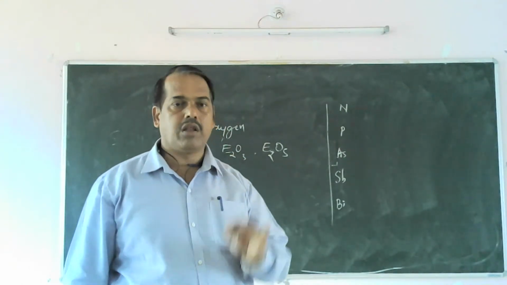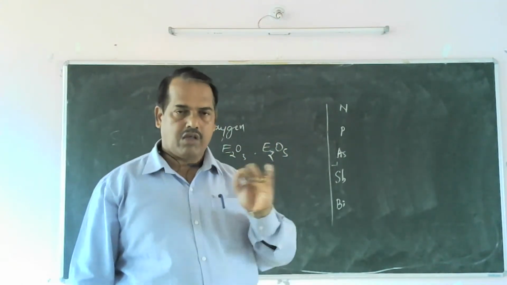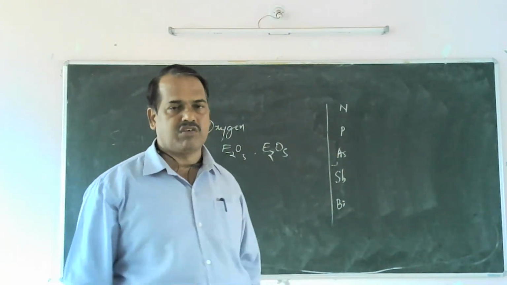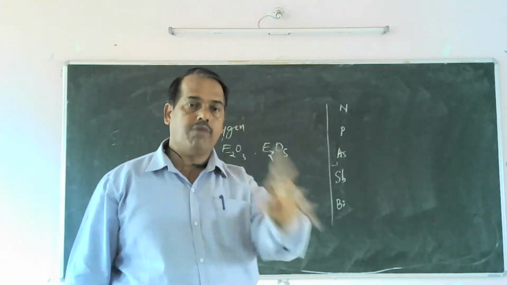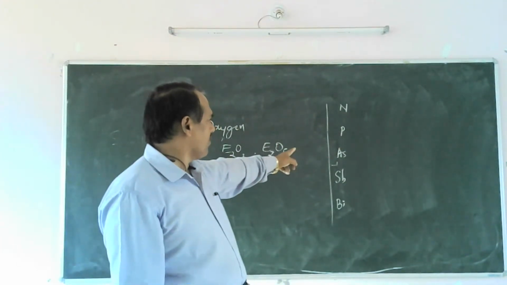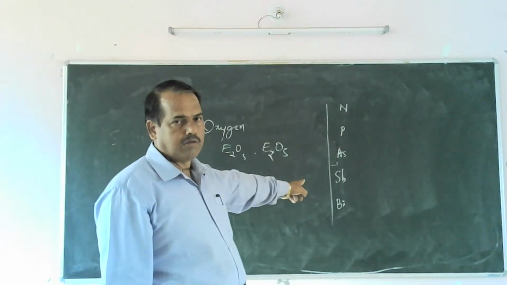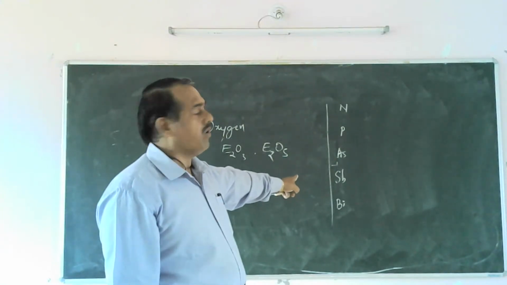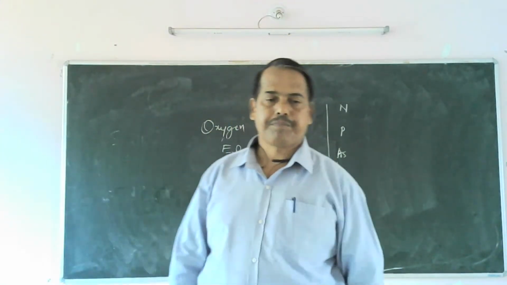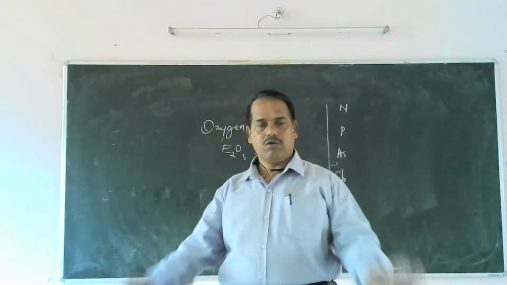So we can find three types of oxides: acidic oxides, basic oxide, which is bismuth oxide, and amphoteric oxides, the oxides of arsenic and antimony. Generally we call non-metallic oxides acidic in nature.